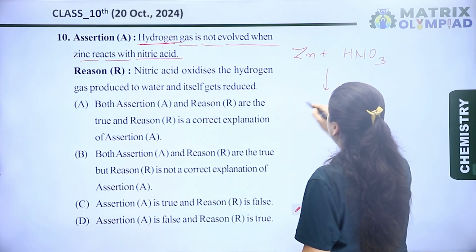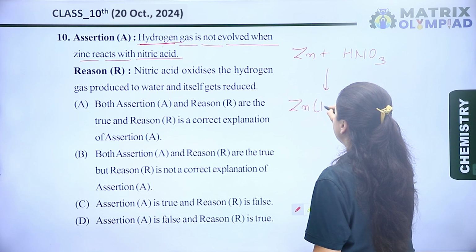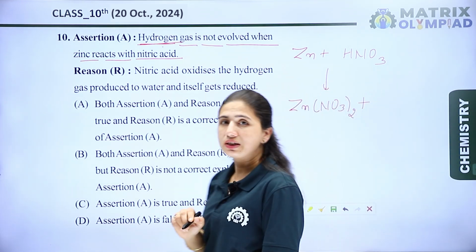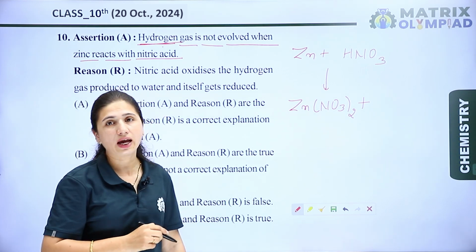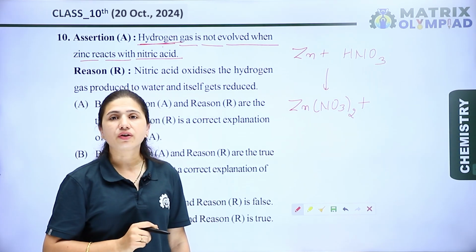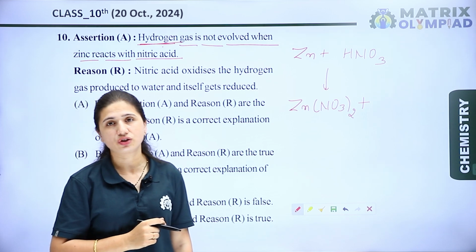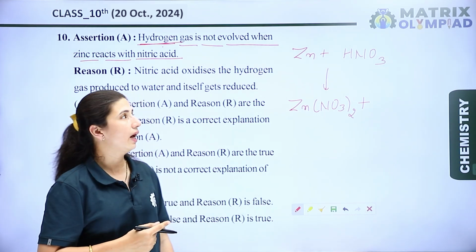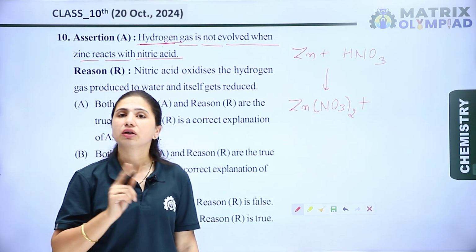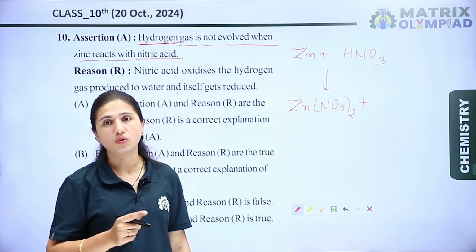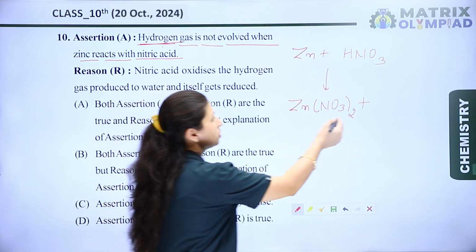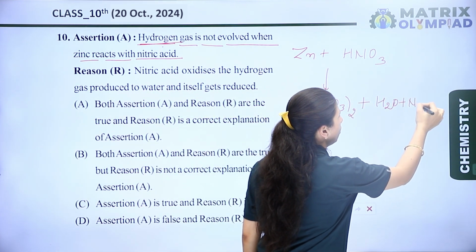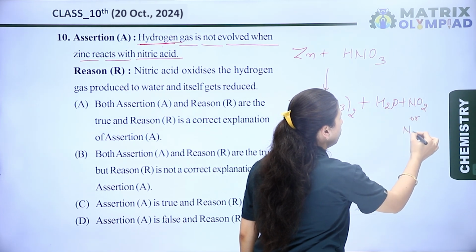it forms zinc nitrate, Zn(NO3)2, plus other products. If we react zinc with concentrated HNO3, it releases nitrogen dioxide, NO2, and if it reacts with dilute HNO3, it forms N2O. But in both cases, it does not produce hydrogen; it produces H2O and NO2 or N2O.